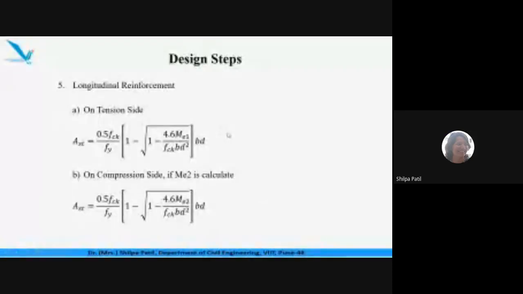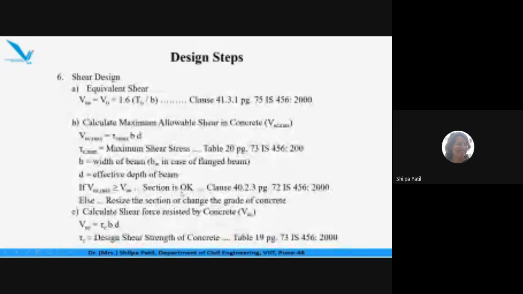So the initial steps in the design of the beam are exactly the same as what we have learned earlier. Only along with Mu, we have to calculate the equivalent moment, and if two equivalent moments exist, Me1 and Me2, we have to calculate the area of steel separately for the tension and compression sides. The next step is directly the design for shear.